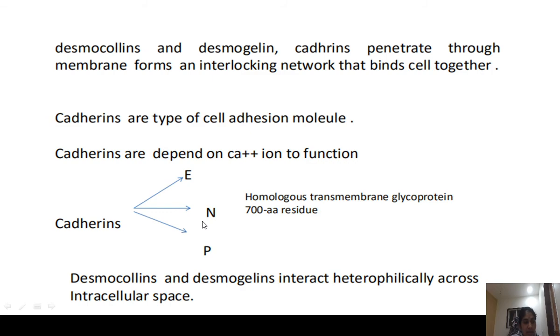You can see here, here is the space. This space is 25 to 35 nanometer in diameter. Here are the adhesion molecules, desmoglein and desmocollins. To these, desmoplakin is attached, and desmoplakin is attached to the intermediate filament.